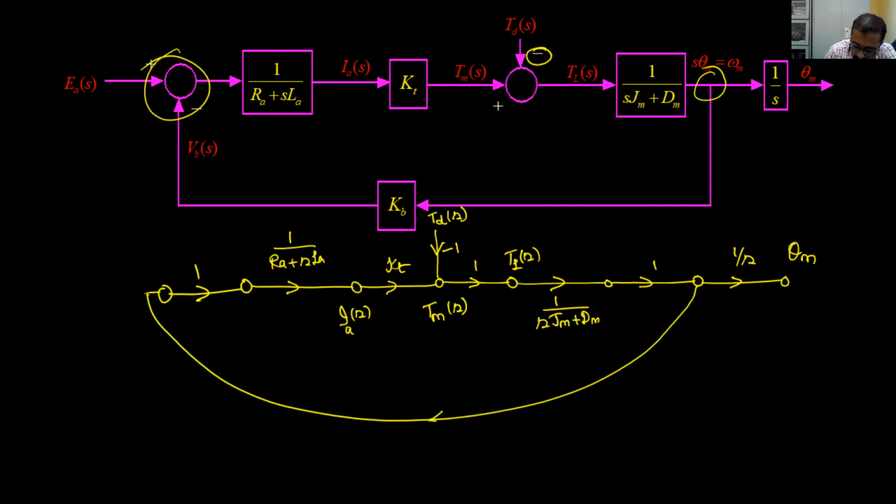The gain of this branch is minus KB. So this signal will be EA minus, that is, BB of S. This is how to construct the signal flow graph.